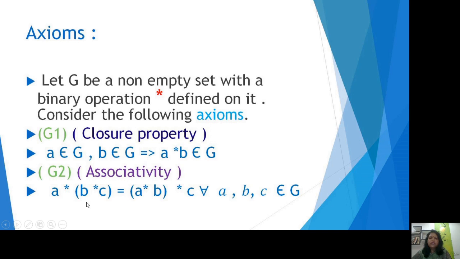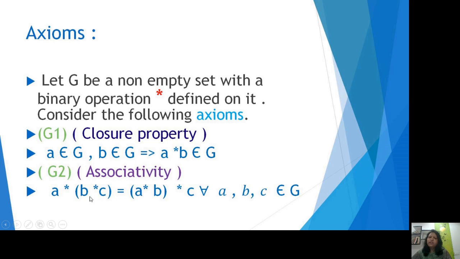The value of this is equal to what is written on the RHS. What is the RHS? In the RHS, the star operation is first taken on the first two elements and then with the third element. So the order of the two operations is changed here.